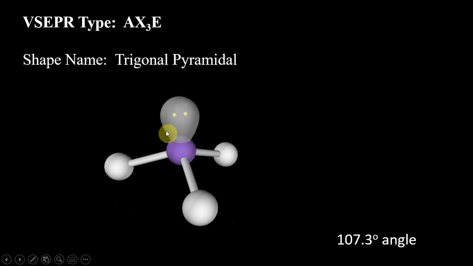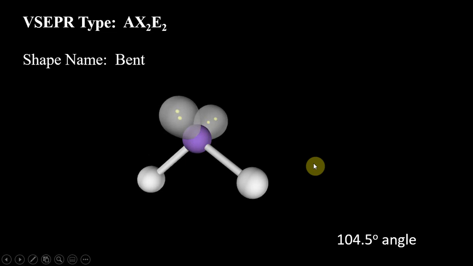Again, the lone pair takes up more space, and so now the bond angles become 107.3 degrees rather than 109.5. We replace another one with a lone pair, and we get the bent shape, the AX2E2. This is kind of the water molecule. So 104.5 degrees is the bond angle here.